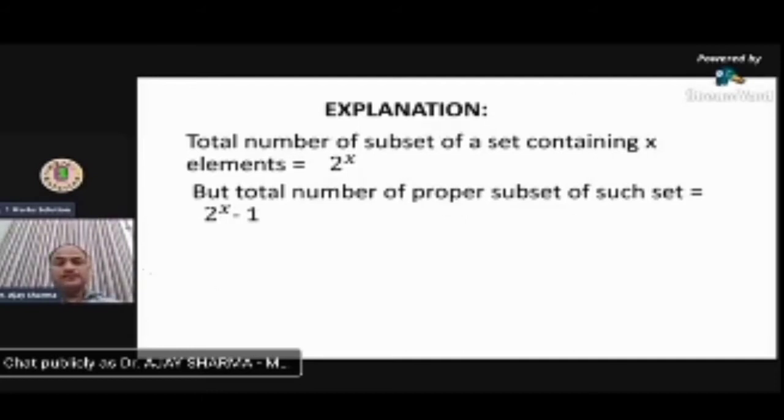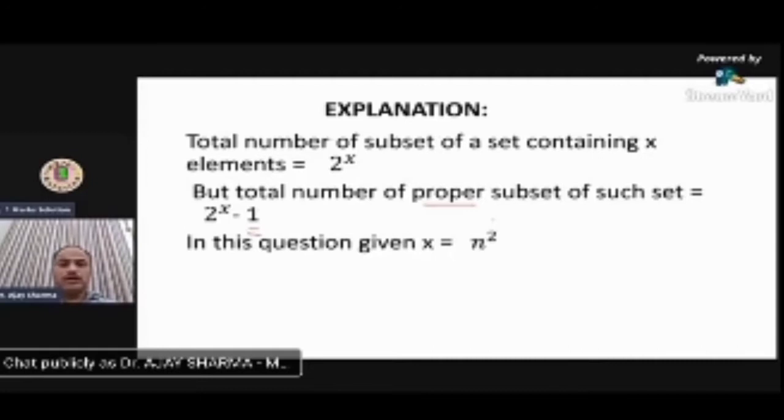Why is this minus 1 there? Because proper subsets don't include the same set, so for that particular set we have to subtract 1. This becomes the total number of proper subsets.